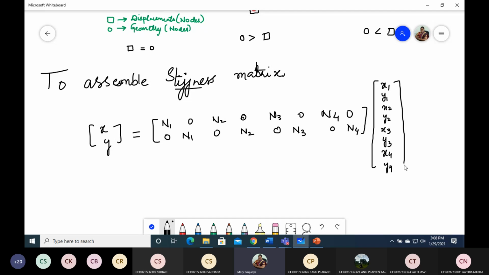Is the screen visible properly? I think it is small. What is this here? This is the shape functions that are used for geometry. Let's take this as equation number A.